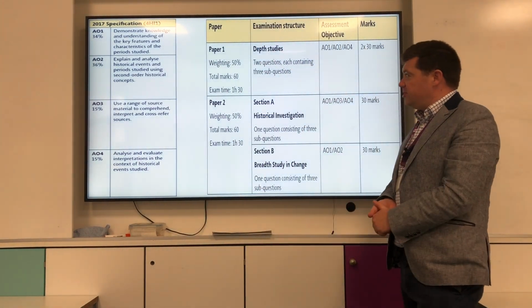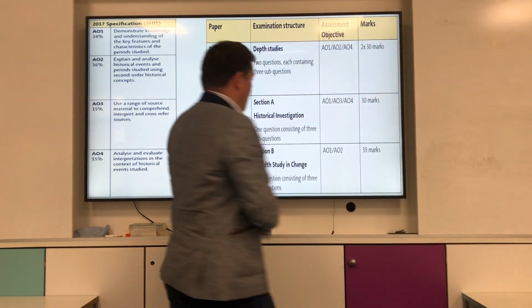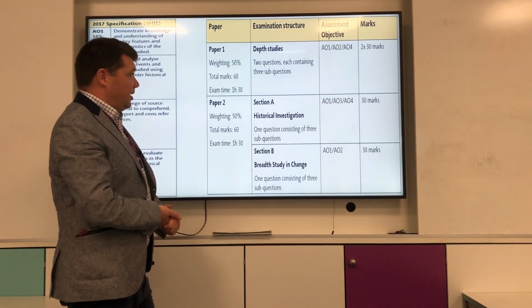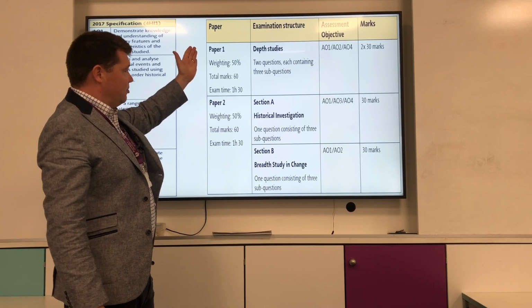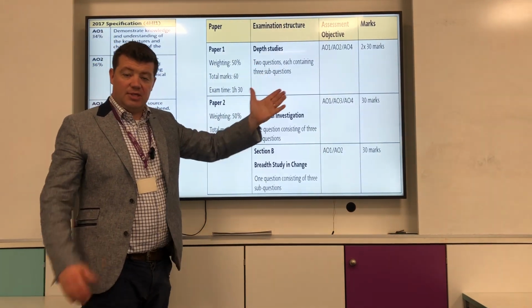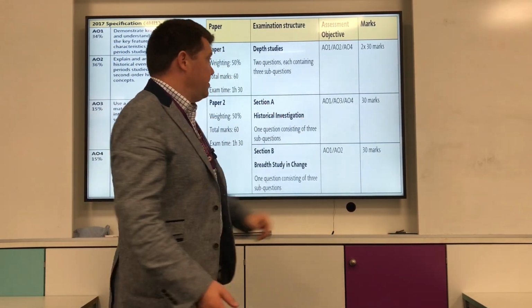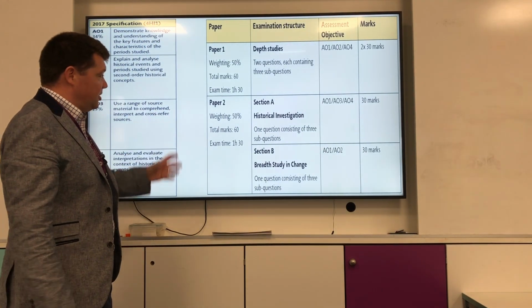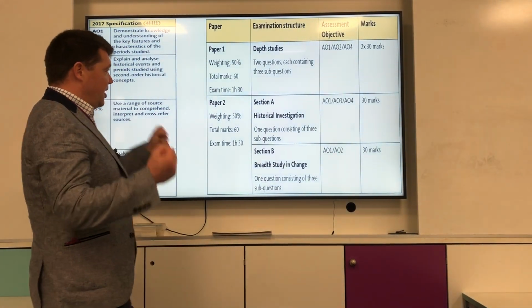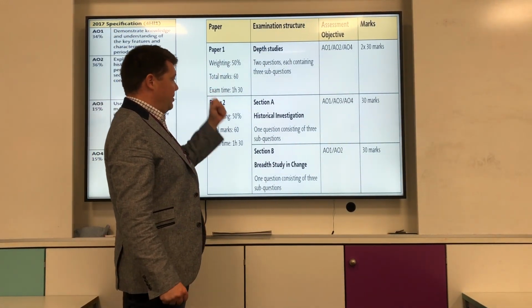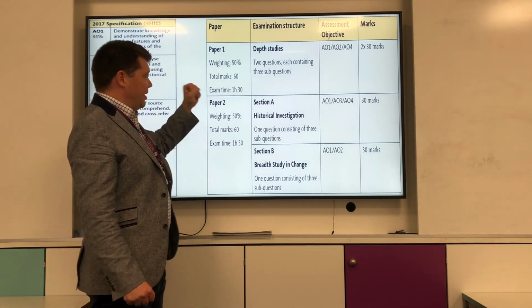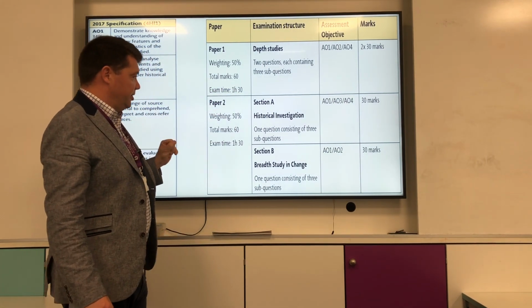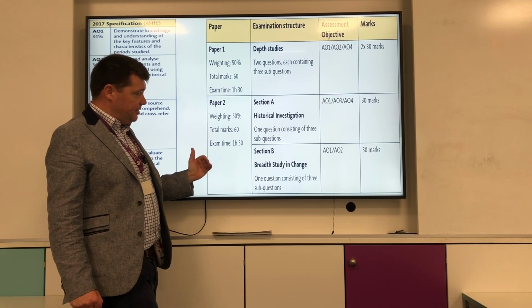Another little thing to look at is what the exam will look like. Paper 1 is of course for us, which is Stalin and the Cold War. That is the depth studies, the knowledge side of things, and that's 50% of your final exam, and that is an hour and a half to do those 2 things. Paper 2 is slightly different.